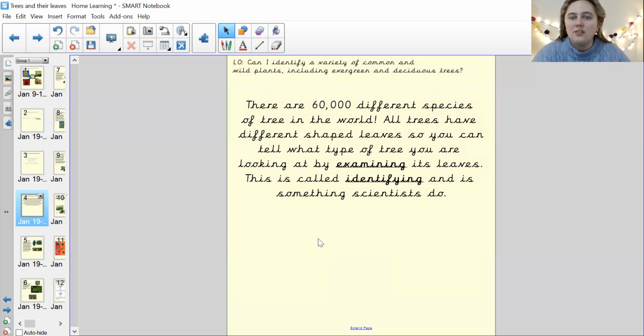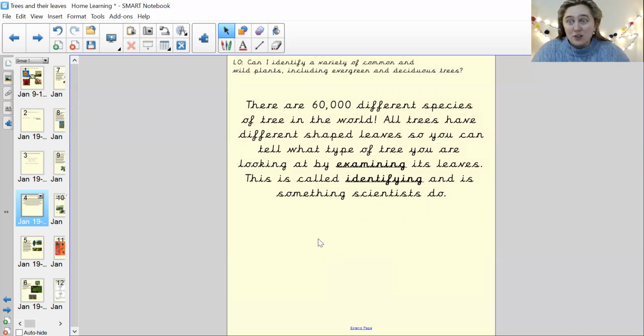All trees have different shaped leaves. So you can tell what type of tree you're looking at by examining, that means looking at the leaves. This is called identifying. So scientists look at the different trees, and by looking at the different shapes of the leaves, they can identify what type of tree it is.